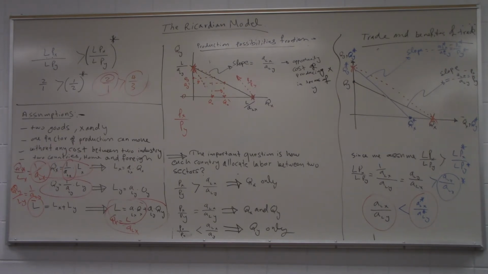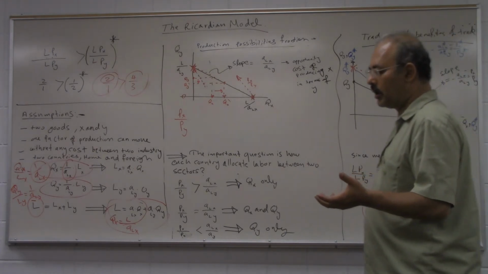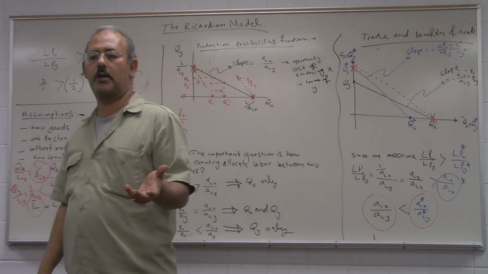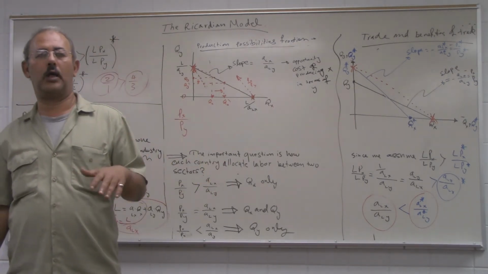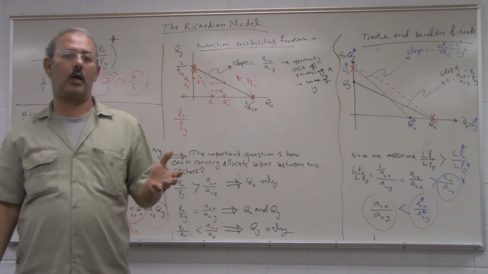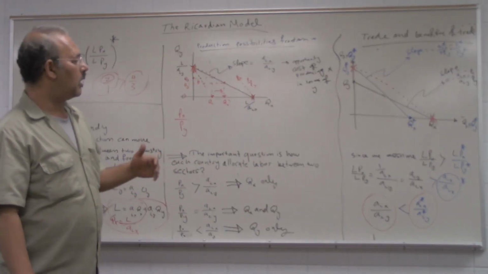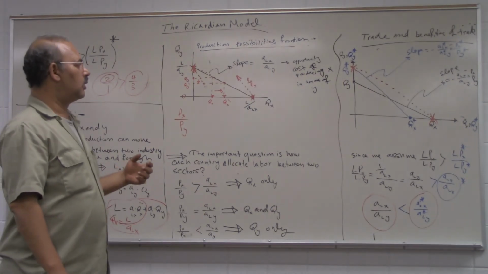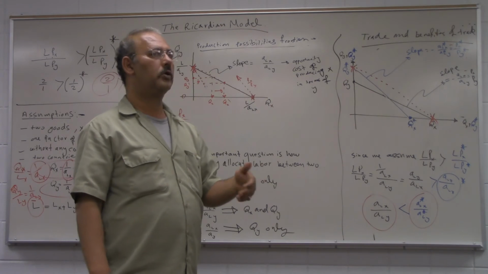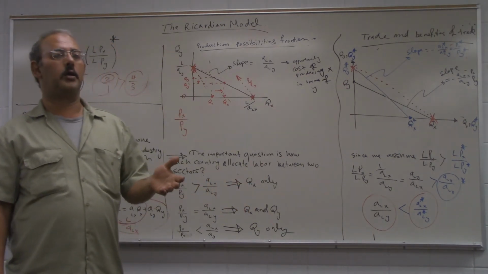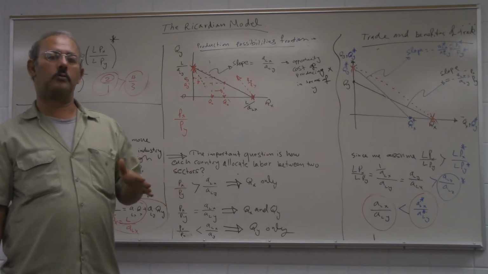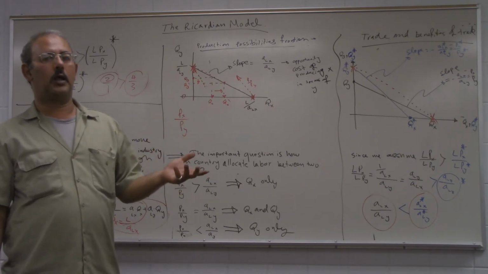We say that the home country will specialize in production of good X, and the foreign country will specialize in production of good Y. The home country will import what it needs from the foreign country.